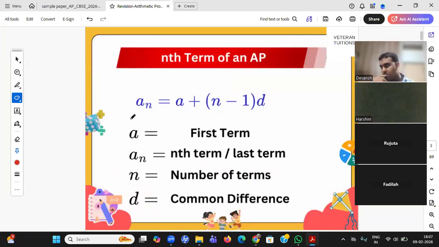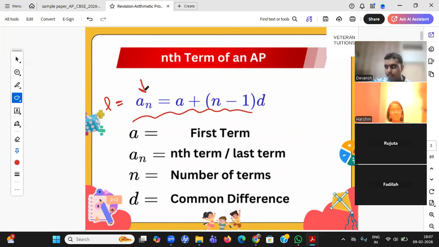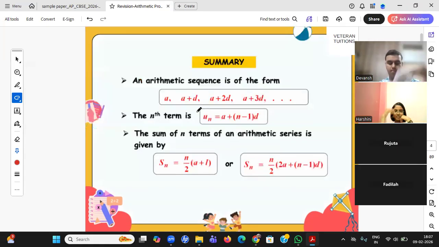We have only two formulas. First formula, an equals a plus n minus 1 into d. An is also known as L, the last term. If he's asking for the 25th term, you can directly take an as the 25th term and go ahead with the same formula. So we have only two formulas: An, Sn. Nothing more than that.